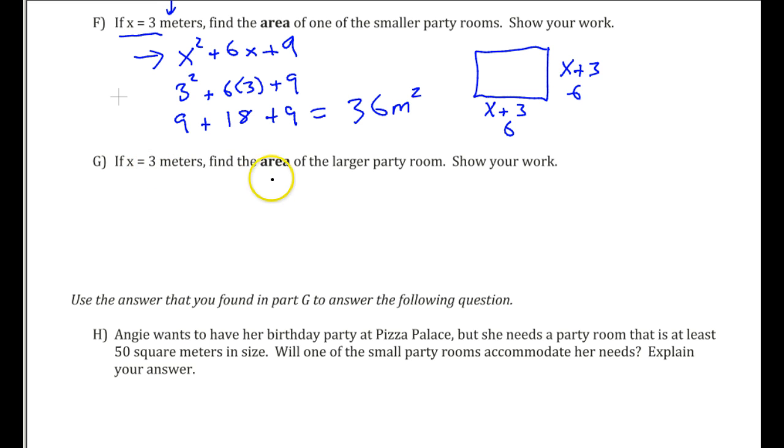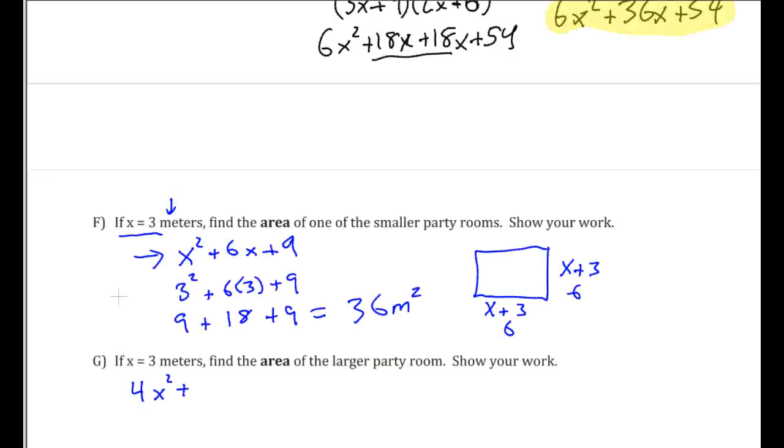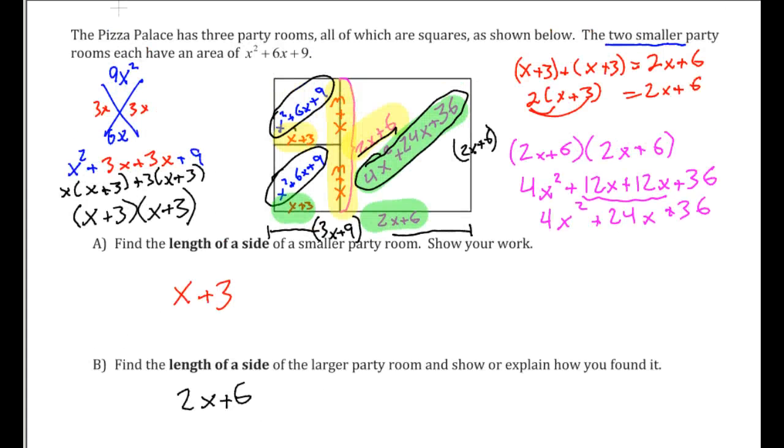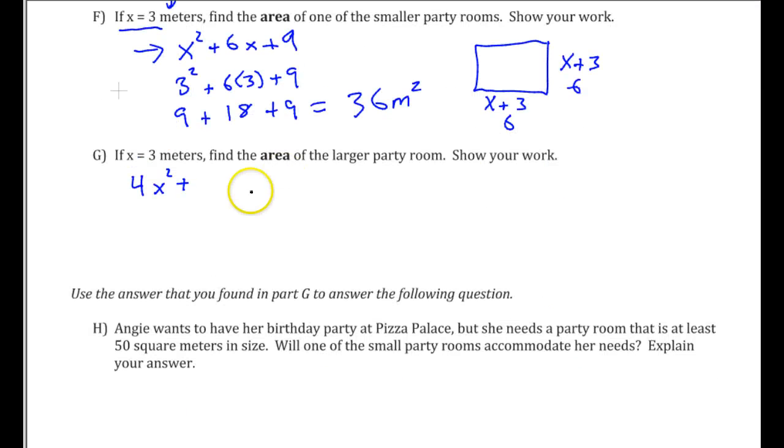The larger one, find the area of the larger part of the room. So that was 4x squared plus, what was the large room again? 24x plus 36. If you plugged in 3 into here, you had 4 times 9, 3 squared is 9, plus 24 times 3, plus 36.